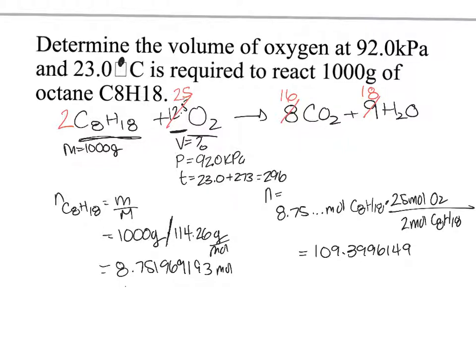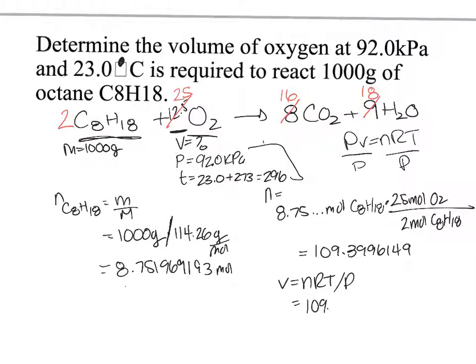Now I need to figure out the volume. Because I have a pressure and a temperature, I'm going to use PV equals nRT, and by getting rid of P, I'm going to use V equals nRT divided by P.